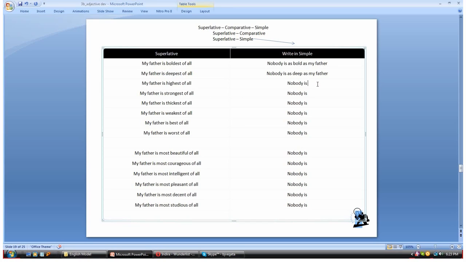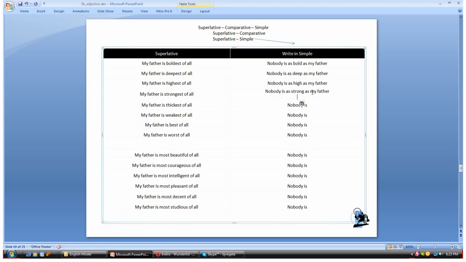So my father is highest of all. Nobody is as high as my father. Not "has," but "as." Okay. My father is strongest of all. Nobody is as strong as my father.